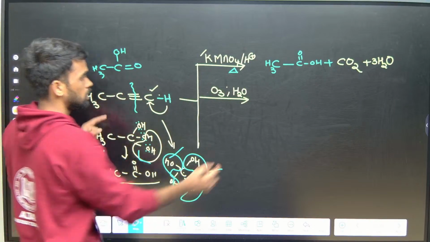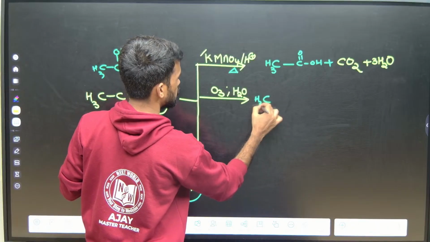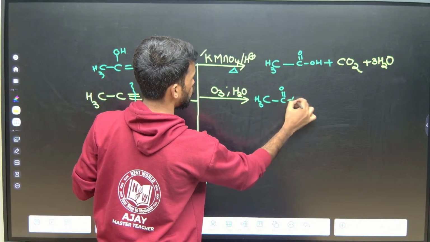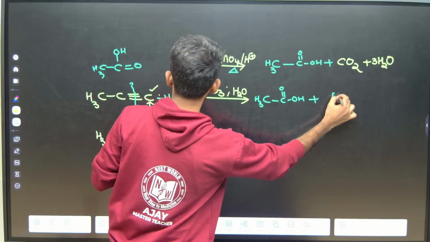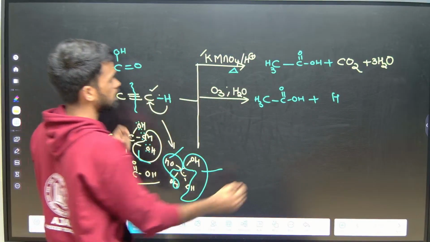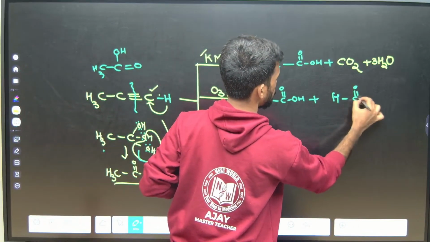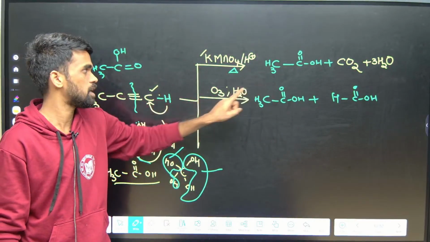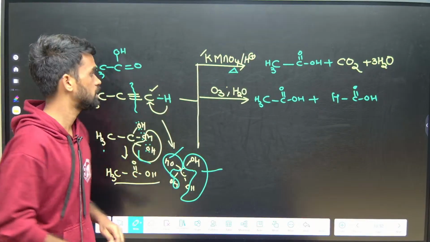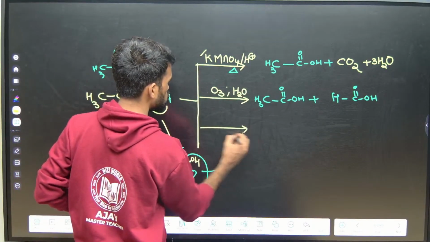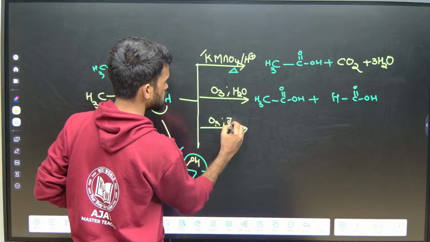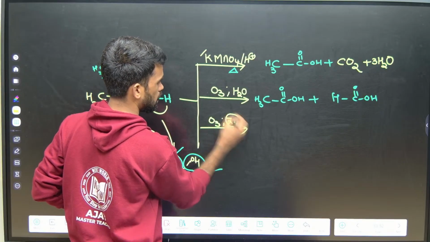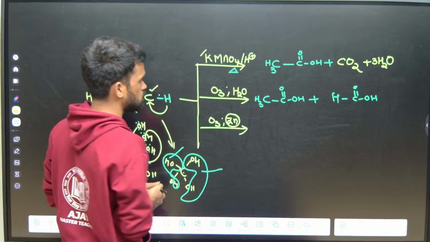Just break it and write this as CH3COOH, and on this side also hydrogen is there, so HCOOH. This kind of product will be formed in oxidative ozonolysis. I am not using any reducing agent here. But if I use ozone with a reducing agent like zinc or DMS, that is reductive ozonolysis.